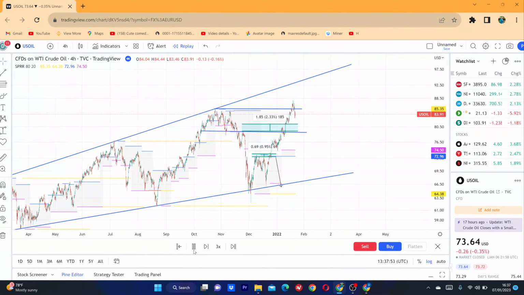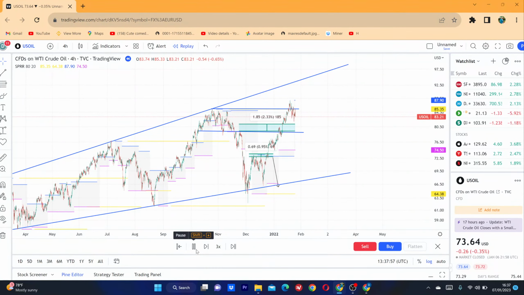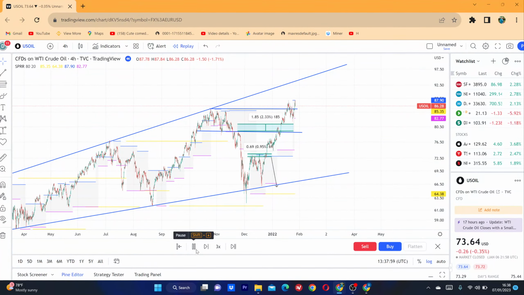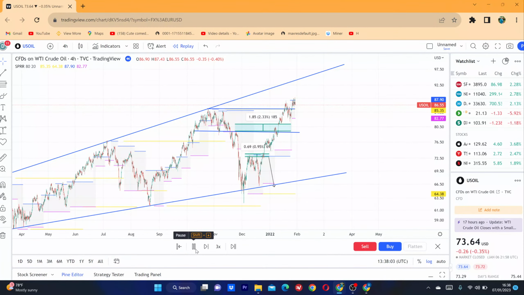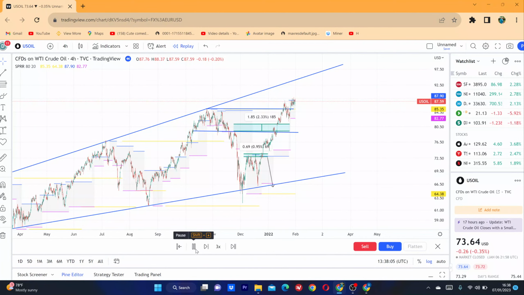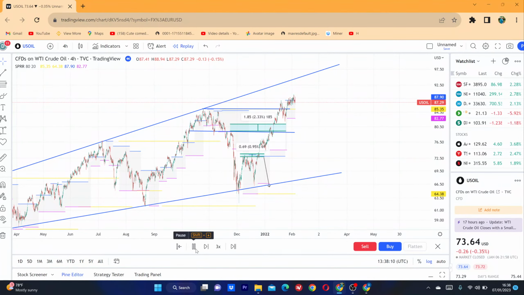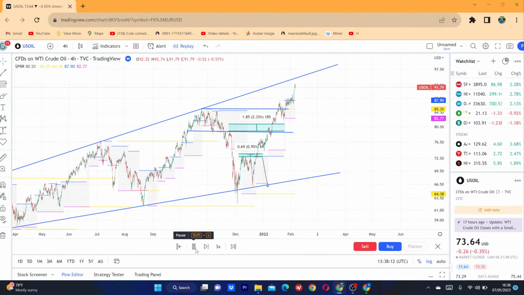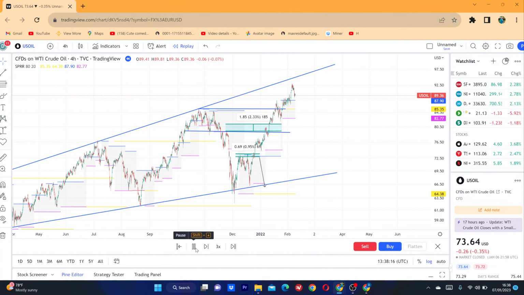Let's see what will happen to this market, whether it's going to reverse, whether it's going to go up again, whether it's going to touch the highest point there. You can see the momentum trying to go up again. You can see the market is actually obeying that point over here.